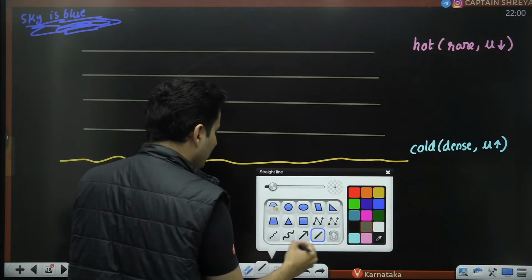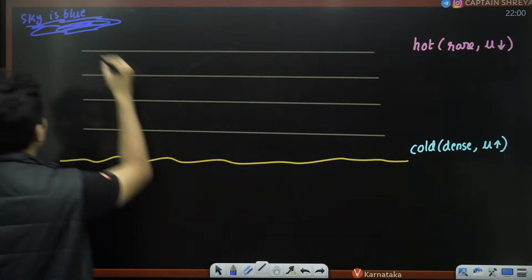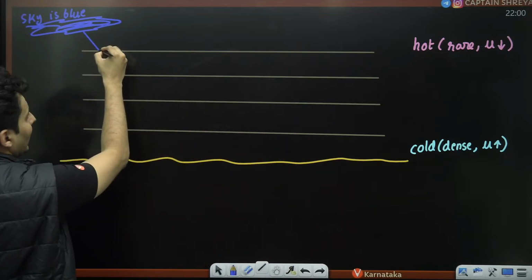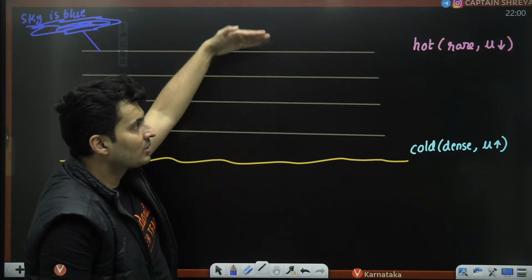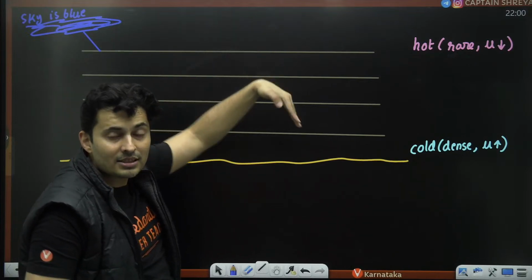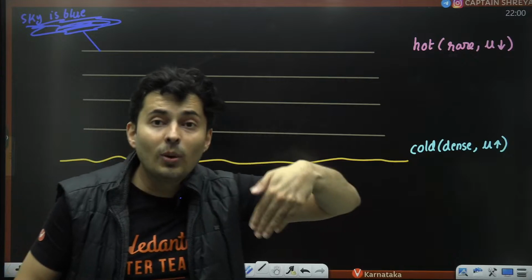How will the ray behave now? Think about it. This ray will go like this because it is going from rare to dense. What will happen? It will bend towards the normal.